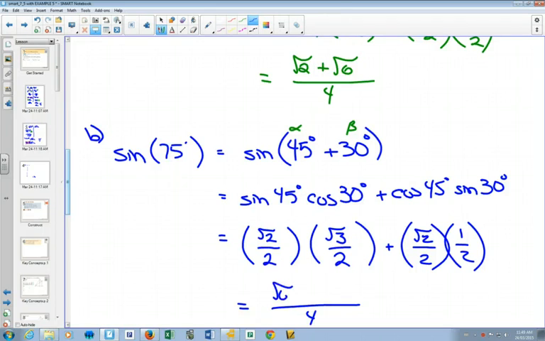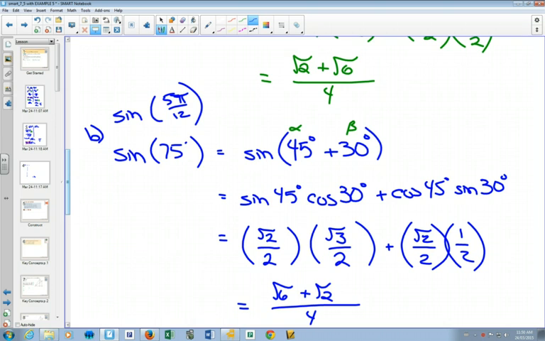It's going to be root 6 plus root 2 over 4. Exactly the same answer as before. 75 degrees, by the way, is the same as, in radians, 5 pi over 12.